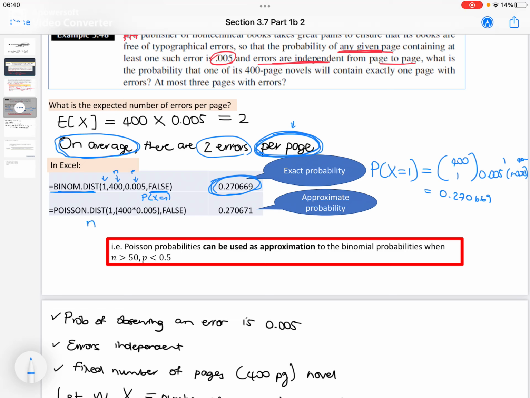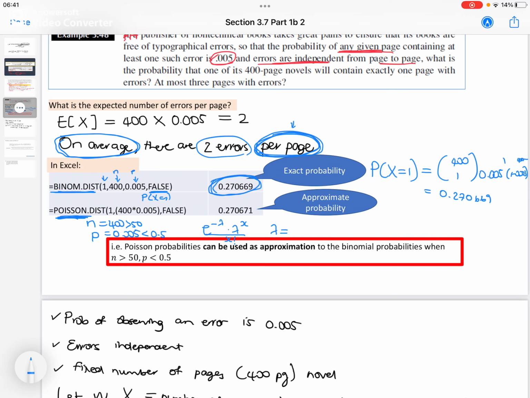Now, since n is equal to 400, which is greater than 50, and p is equal to 0.005, which is less than 0.5, we can use the PMF of the Poisson distribution to approximate the probability of the binomial random variable. The PMF of the Poisson is e to the power minus lambda times lambda to the power x divided by x factorial.